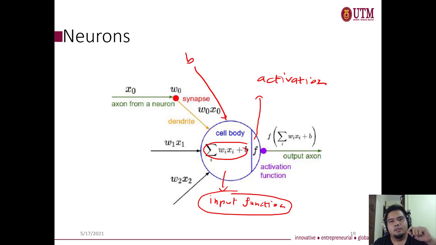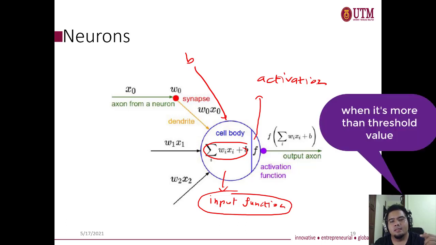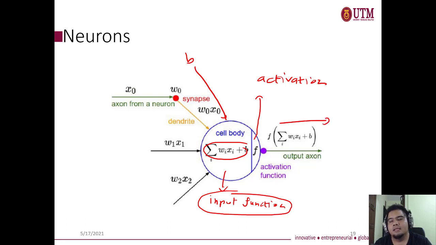When the strength of the input increases beyond a certain threshold, it will fire the signals to the next neurons. So that's how it works. As you can see, this is how mathematicians and neuroscientists model a single node or single neuron.